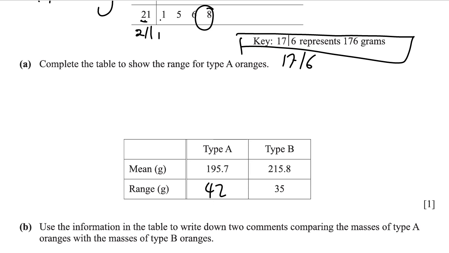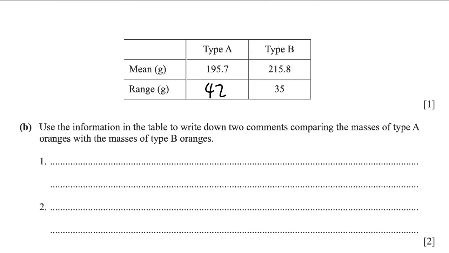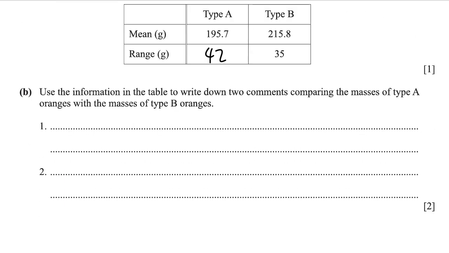So part B of the question says, use the information in the table to write down two comments comparing the masses of type A oranges with the masses of type B oranges. Studying the table carefully, you could see two things here. We could use the mean and the range to draw two different inferences. The first one is, let's talk about the mean.